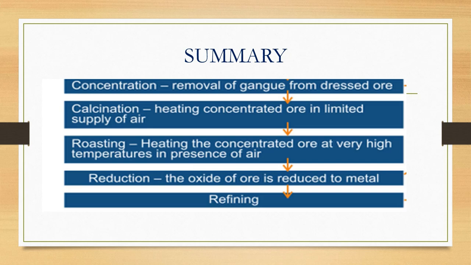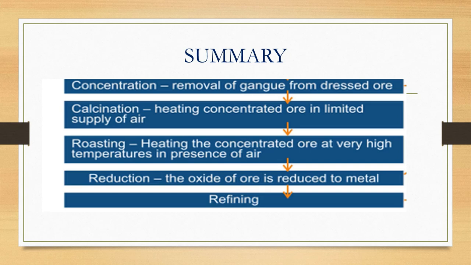Once the ore has been concentrated, the next step is conversion of the concentrated ore into the oxide form. For this, generally we can go for the method of calcination or we choose the method of roasting. Now, once the ore is converted into the oxide form, the next step is called reduction.